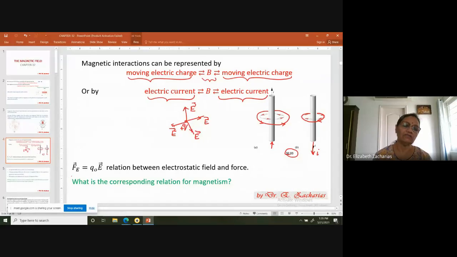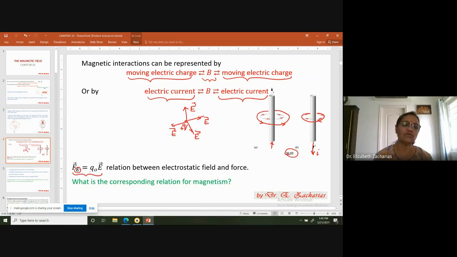And then another thing that you've seen in electrostatics is that if you take a charge Q0 and put it in an electric field E, it will experience a force Fe equal to Q0 into E. Now I am for the first time putting this E subscript because now we have to talk about magnetism also. So we have to make a distinction between electrostatic force and magnetostatic forces. Therefore we are putting that E there.